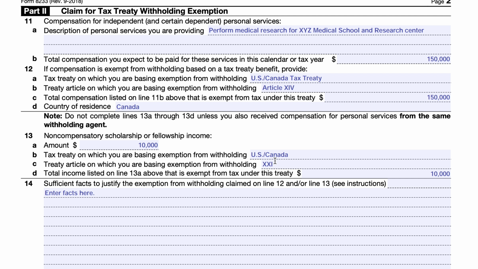So be sure that you're familiar with the tax treaty itself, but then also the individual articles that you would be basing the exemption on. Generally speaking, most colleges probably have a little bit more experience in this.